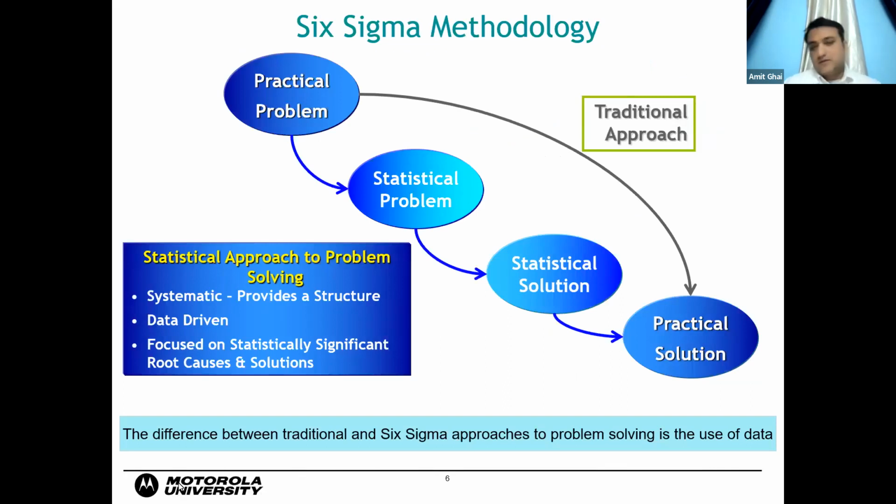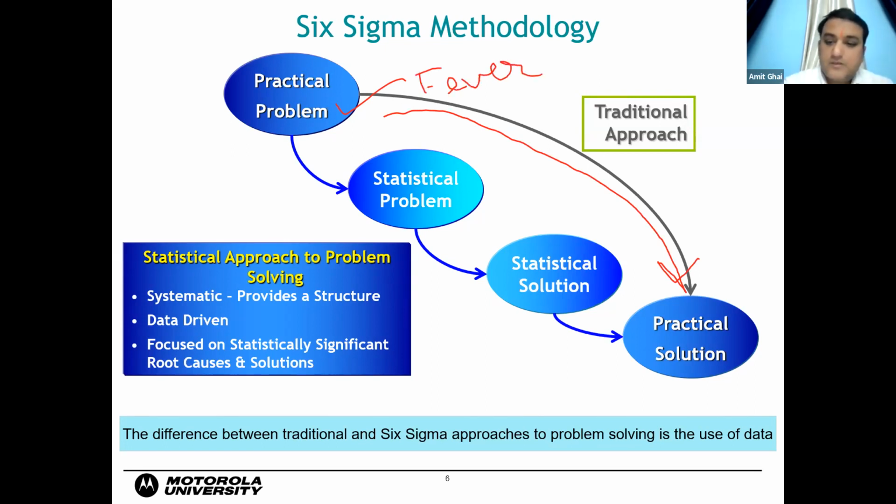Now we will see one interesting point. What is the difference between a traditional approach to project management and a statistical project management approach? A traditional approach of project management follows the path that there is a practical problem and you have a practical solution to it. I will take a layman's example. You are having a fever someday and you have taken paracetamol.